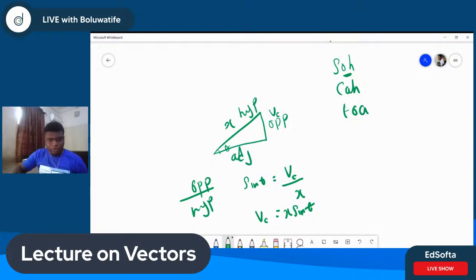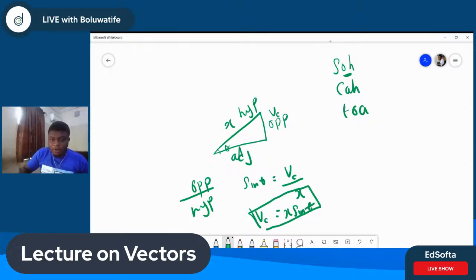And if this x was 5, what you have here will be 5 sine 30. So that's how you find the vertical component of your vector.